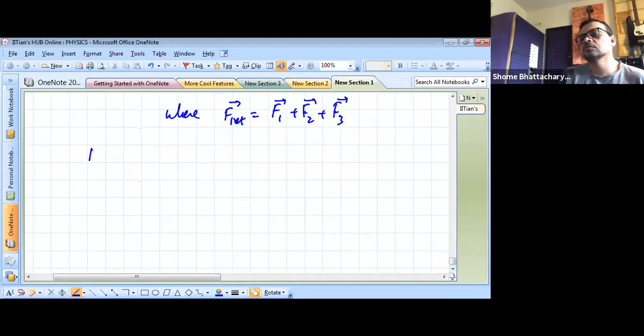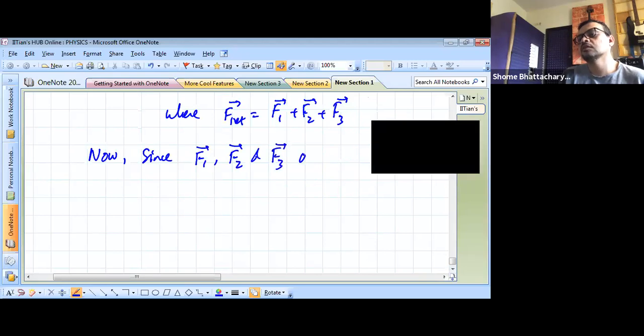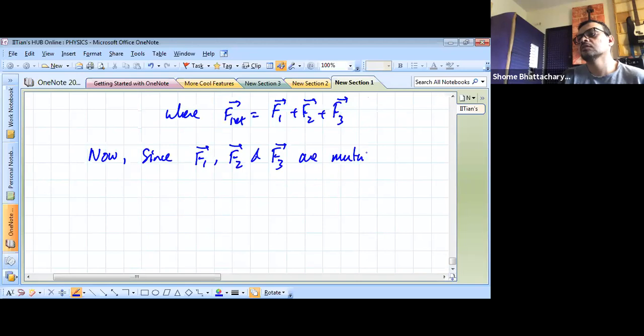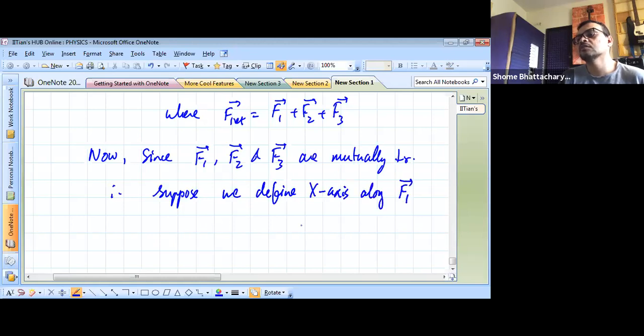Now, since these three forces F1, F2, and F3 are mutually perpendicular, suppose we define the x-axis along F1 and the y-axis along F2.